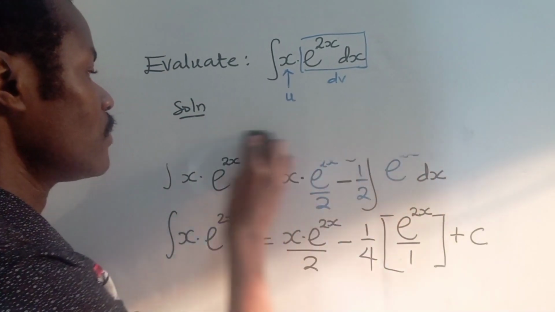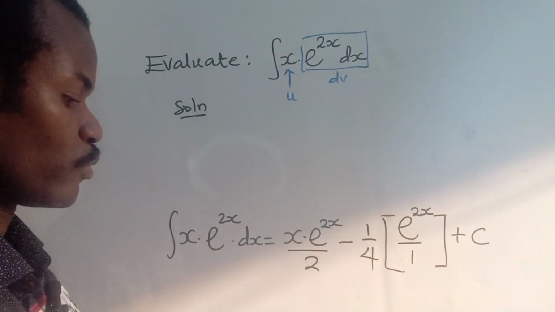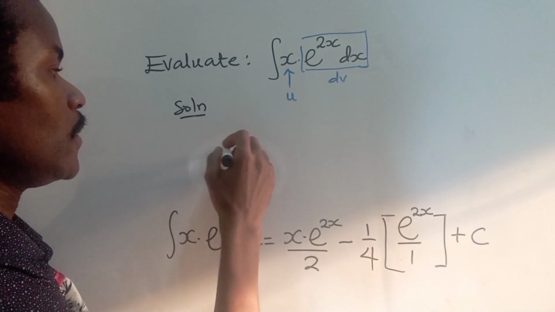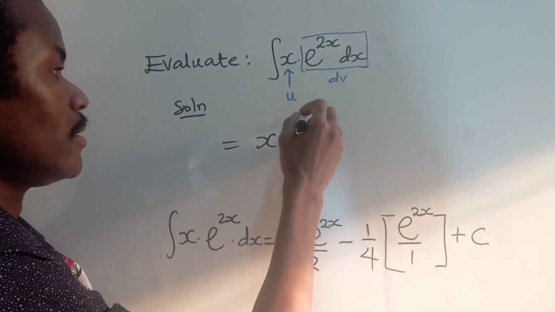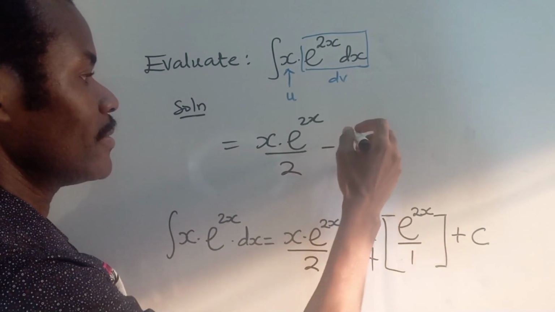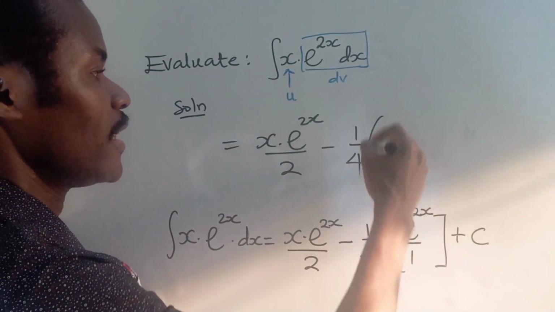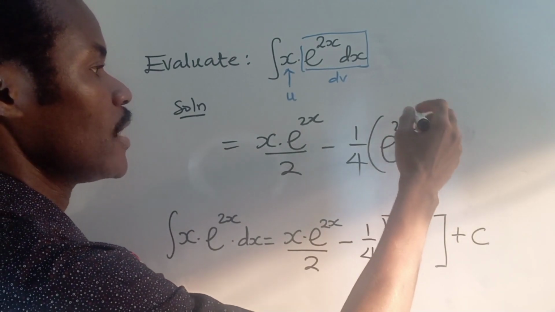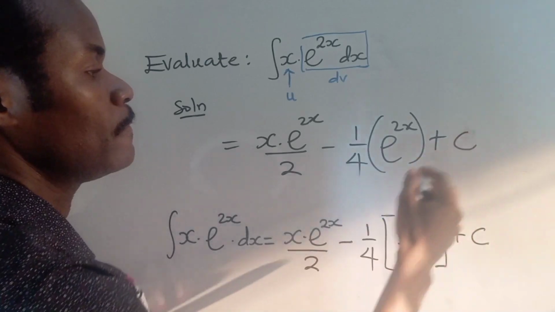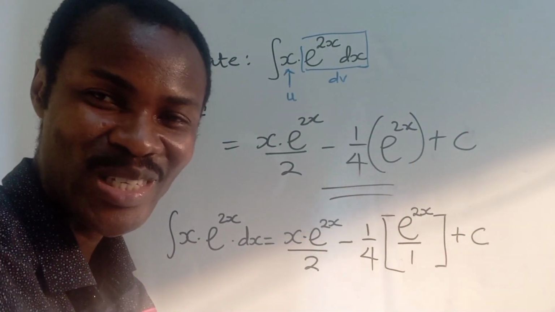So let me simply write out the final answer, which is going to be x multiplied by e to the 2x divided by 2, minus 1/4 multiplied by e to the 2x, plus c. So this gives us the simple solution to this problem.